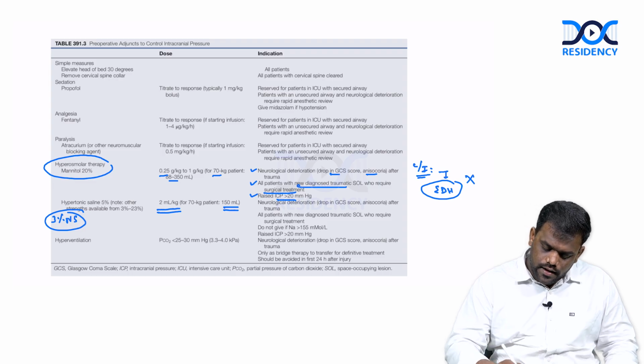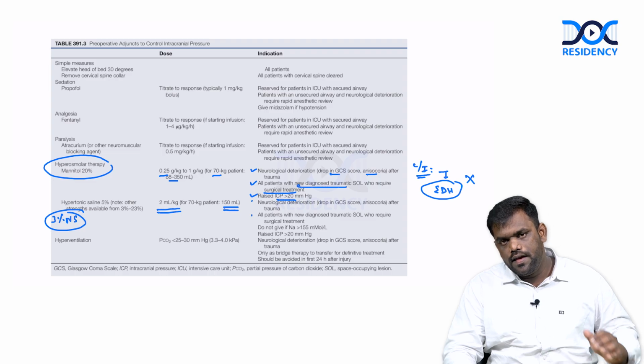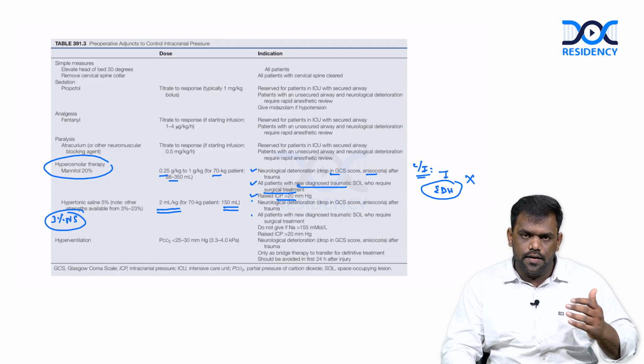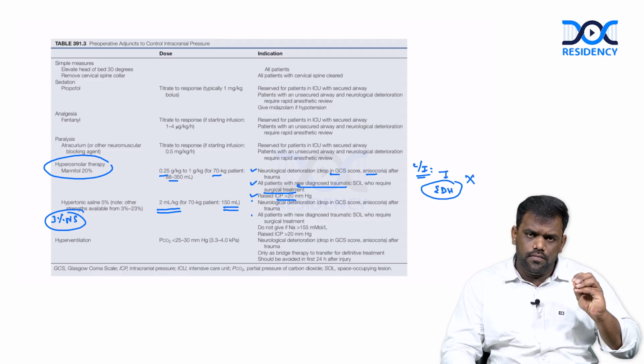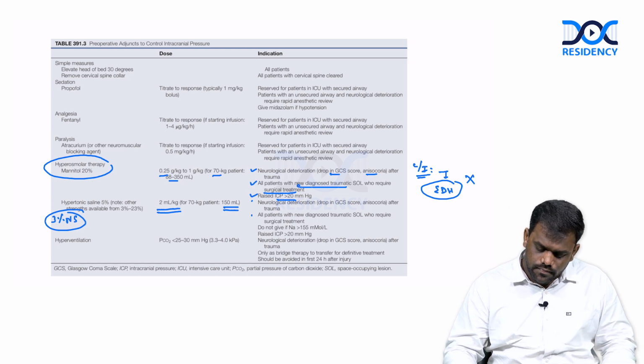So the indication is neurological deterioration after a trauma, or all patients with a newly diagnosed traumatic SDH who require surgical treatment. It gives an extra hyperosmolar, anti-edematous effect apart from mannitol, and wherever mannitol is contraindicated, we can use this 3% NS as well.